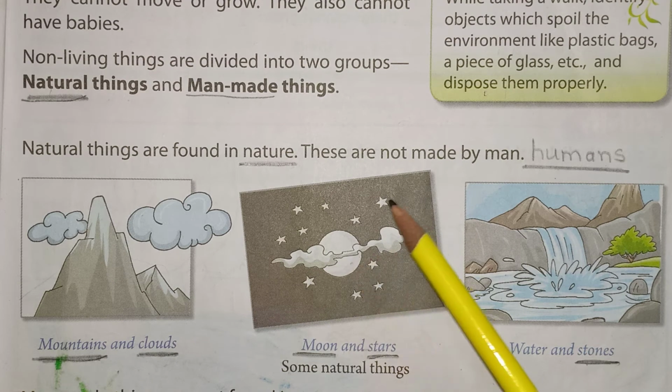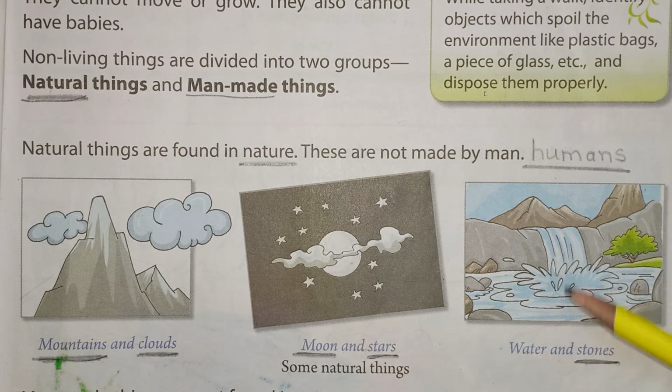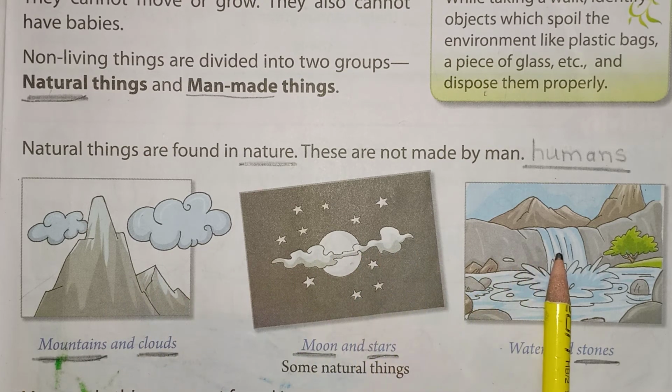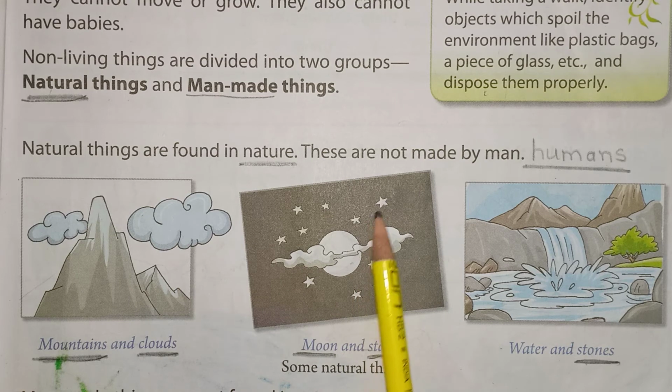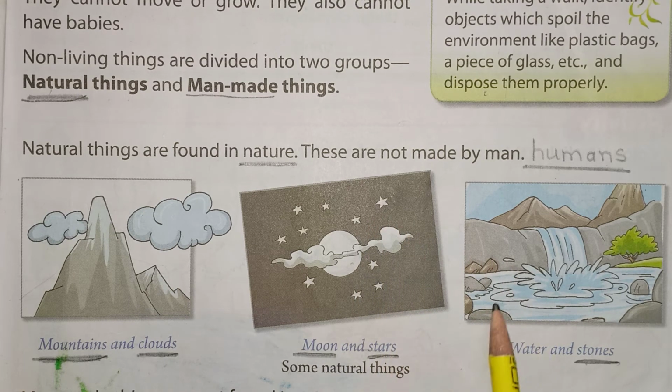Moon and stars. Water and stones. We don't make all these things. So they are known as natural non-living things. They are not living. What are examples of natural non-living things? Mountain, clouds, moon, stars, water, stones, etc.